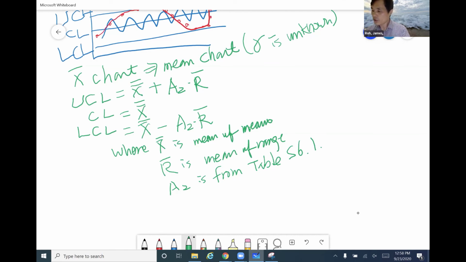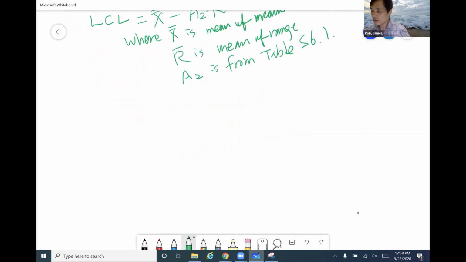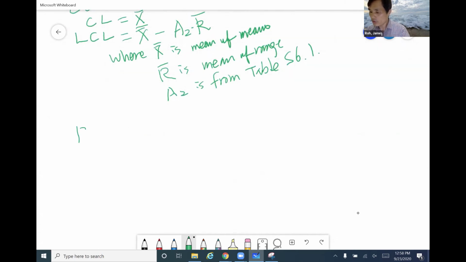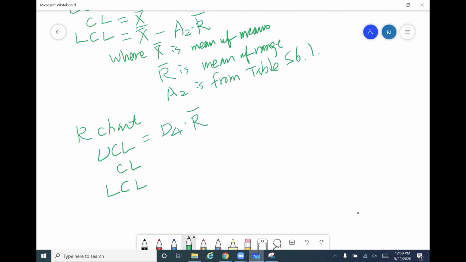Let me do the R chart now. For the R chart, it's simpler. We have an upper control limit, a center line, and a lower control limit. The upper control limit is simply D4 times R bar. The center line is going to be R bar. And the lower control limit is D3 times R bar.